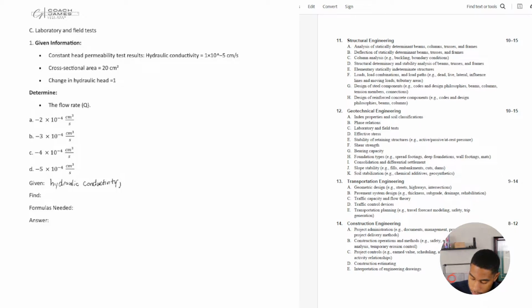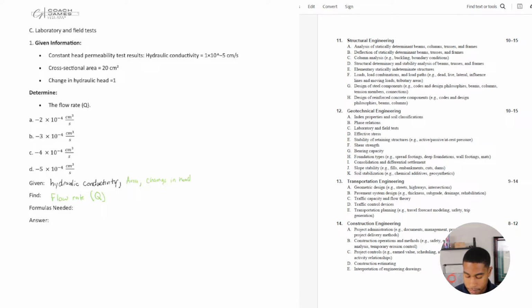We're also given the area, and we're given the change in head. Hydraulic head specifically. We're trying to find the flow rate, or Q.